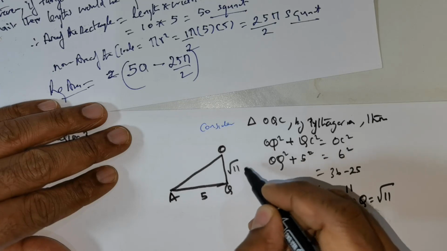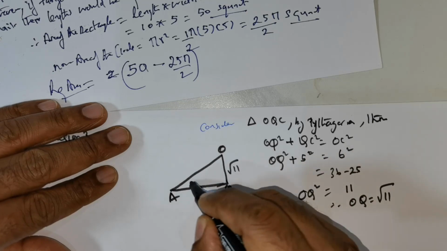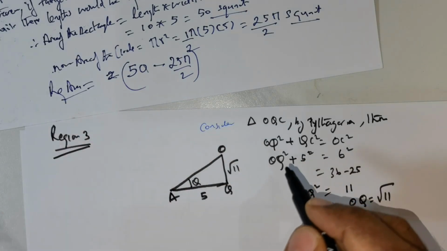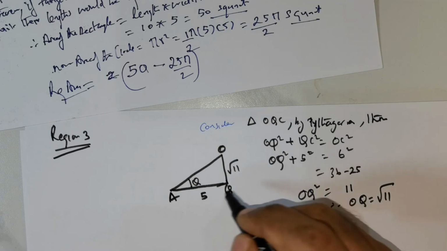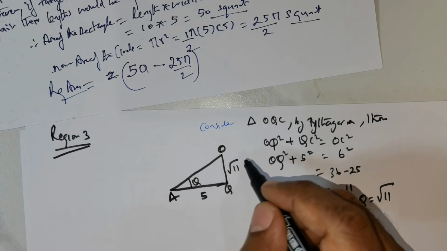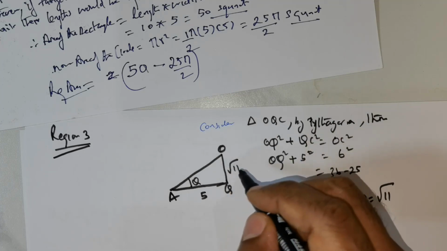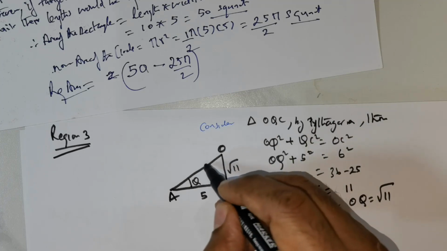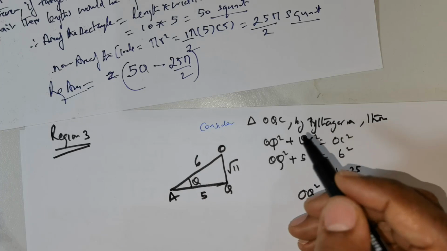This is going to be root of 11 units. Now this is my theta. And OA, this side, is going to be 6 units.